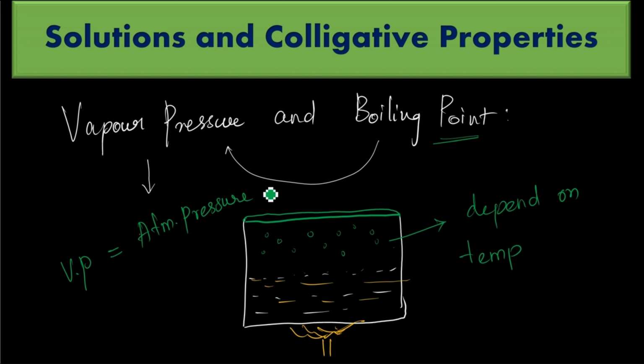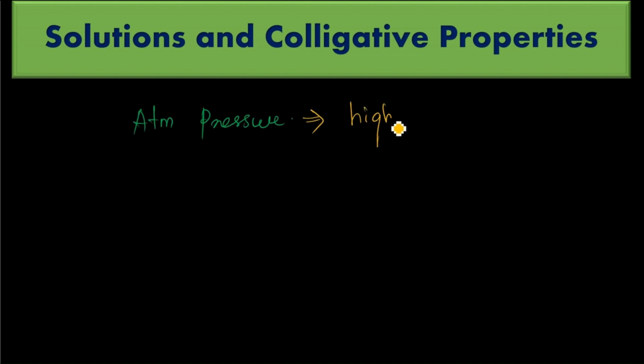So what if the external pressure is increasing or decreasing? Is there any scenario like this? Yes. At higher altitudes, what will happen? Let's say you are trying to prepare your food at higher altitudes, where the atmospheric pressure is much lower.